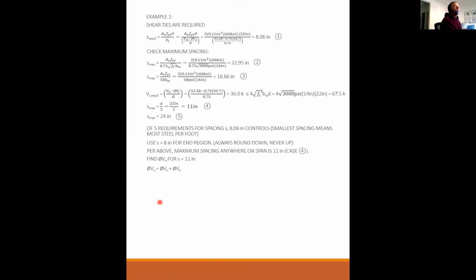To do so, VMN is equal to phi VC plus phi VS. My phi VC is already calculated, has nothing to do with the tie spacing. And then I can figure out how much my phi VS is based on putting my ties at 11 inches on center. And this gives me 51.7 kips.